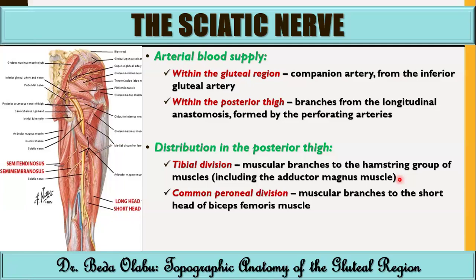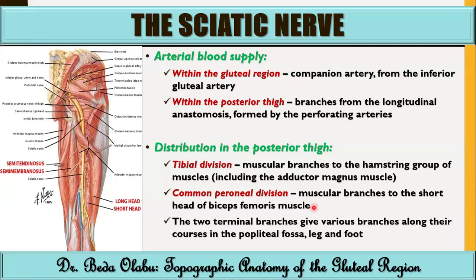The common peroneal nerve division of the sciatic nerve gives a muscular branch that supplies the short head of the biceps femoris muscle. This is in the back of the thigh. After this, we have said that by the time it reaches the popliteal fossa, the nerve now has two divisions, the tibial division and the common peroneal division.